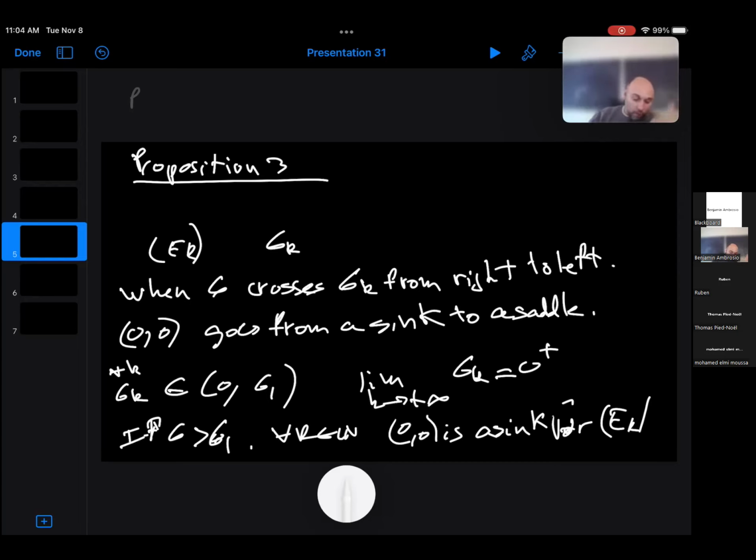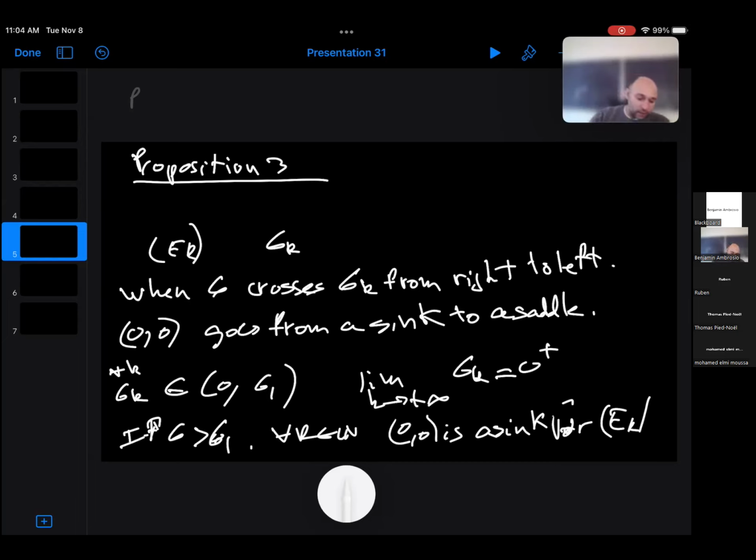Now, when sigma crosses sigma 1, 0, 0 is no more a sink for E1, it's a saddle. But all the others are still a sink. And then the same thing for E2.